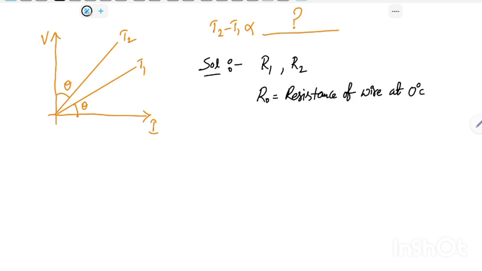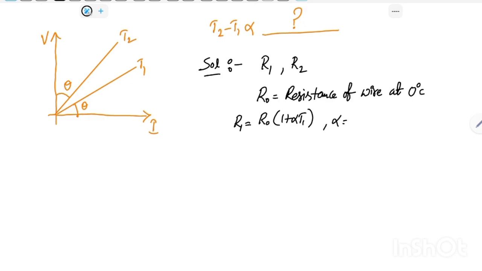Now, how can we relate R1 and R naught? So R1 can be written as R naught into 1 plus alpha into T1 minus 0. That's it, because the initial temperature is 0 degrees. So we can relate R1 and R naught like this.